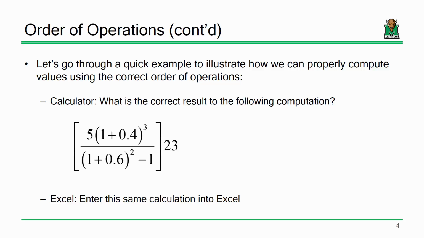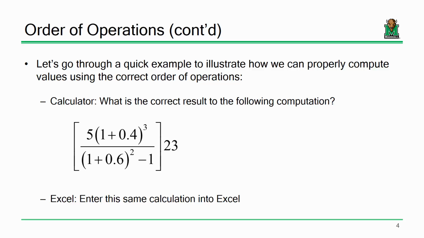Because this entire block of calculations is itself in a parentheses, all of them have to be finished before we do that multiplication that's outside of the parentheses. So the first place we start is writing 1 plus 0.04, which becomes 1.04.